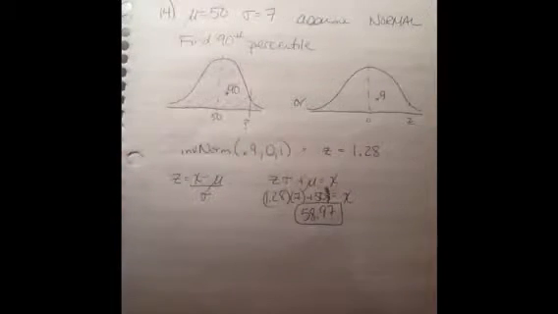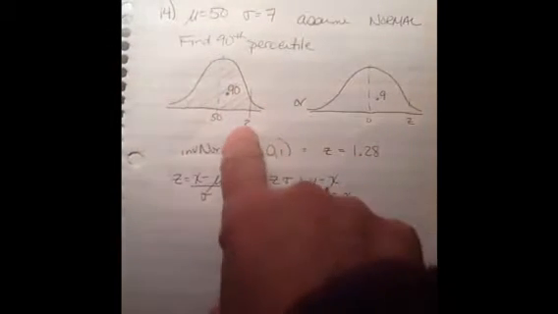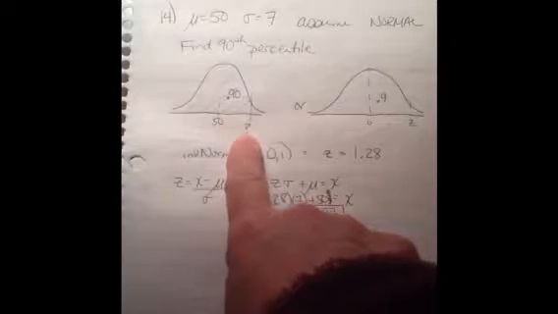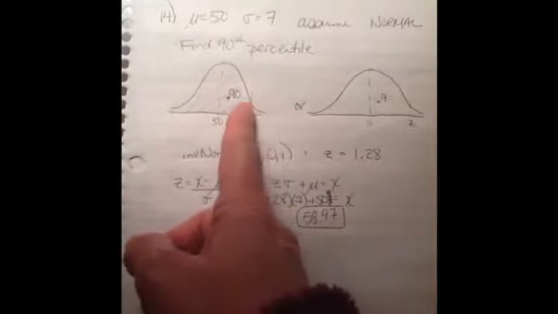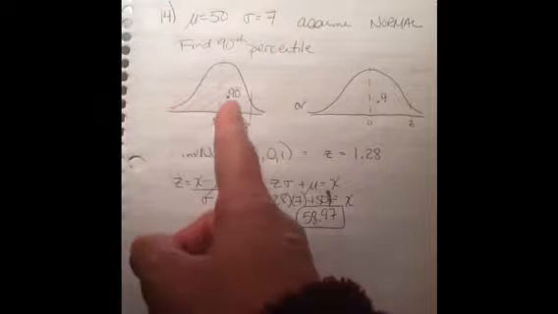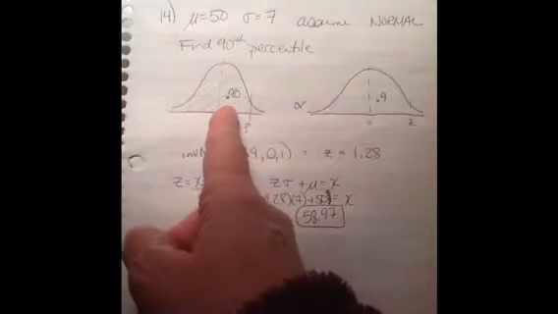Now in number 14, this was again assuming that you have a random variable x. It's normally distributed with a mean of 50 and a standard deviation of 7. Find the 90th percentile. Now what that means is if I'm looking at this normal curve, I need to find the x value that gives me all the area to the left being 0.90.